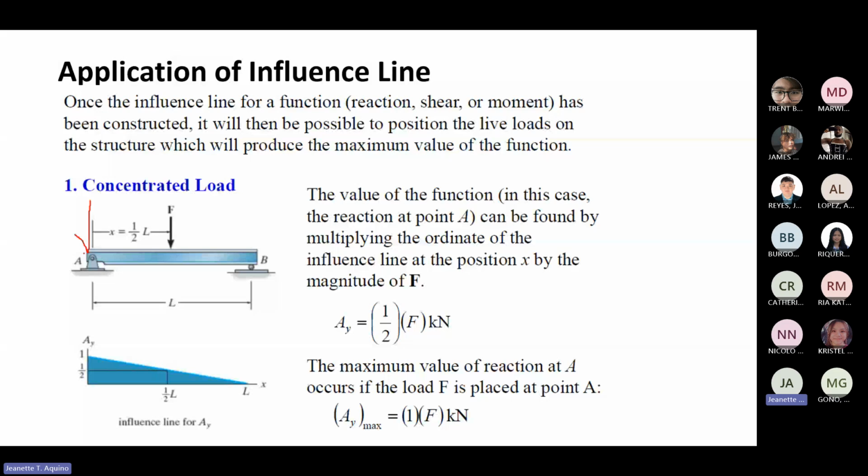Because your AY equals 1 times F. If you know the force F, you multiply by it.